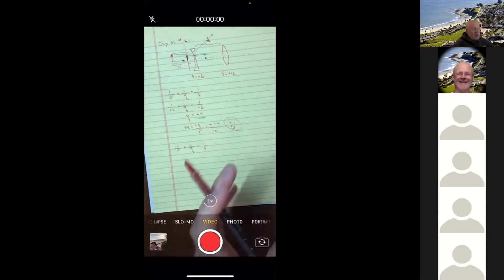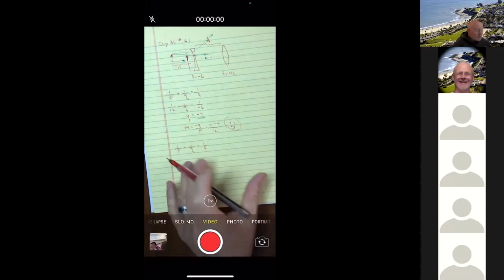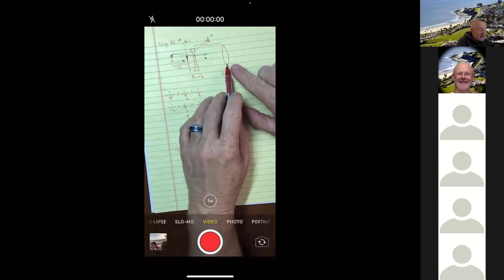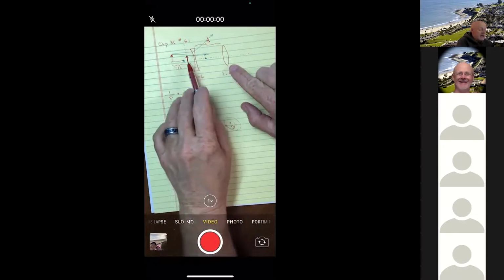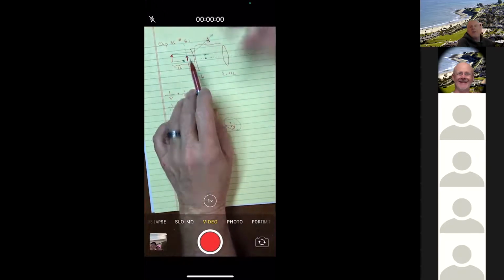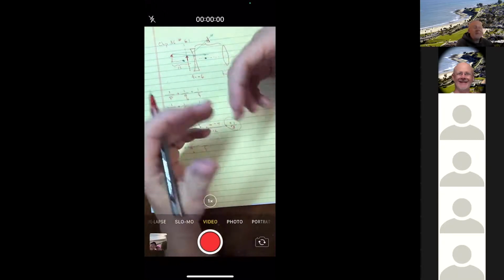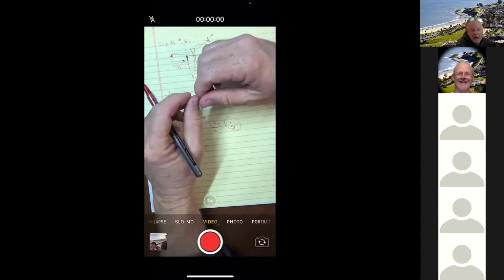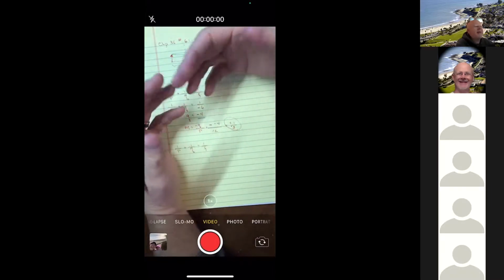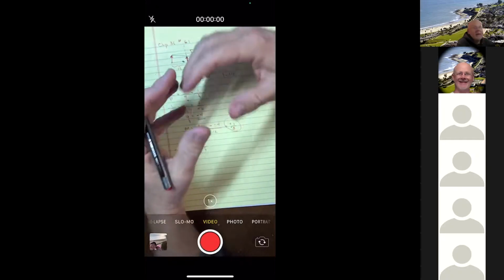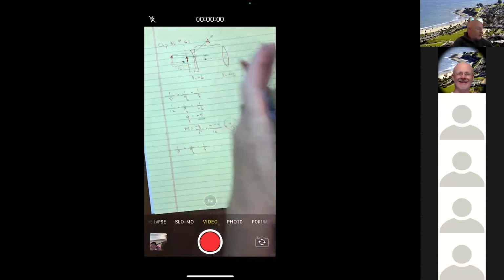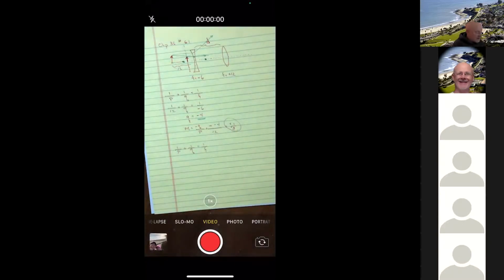And so the way you treat a problem with a second lens is you take the second lens, and the object for the second lens is the image from the first one. I like to say the image from the first becomes the object for the second. And that would continue, by the way. The image from the second would become the object for the third, and the image for the third would become the object for the fourth. And so we can have a whole chain of events of different lenses here.